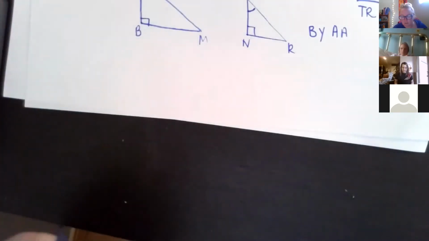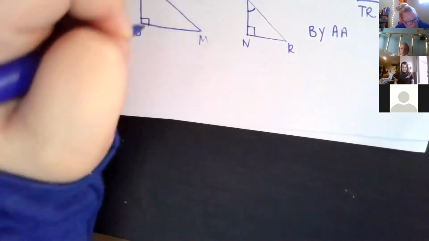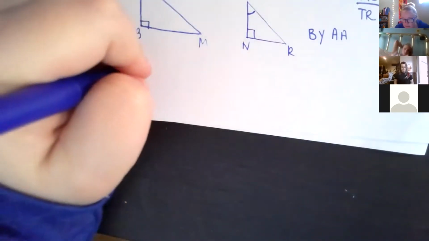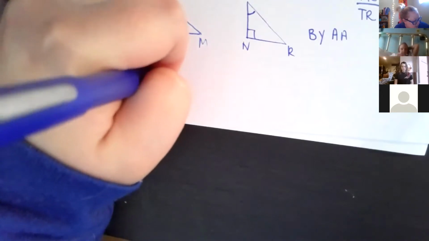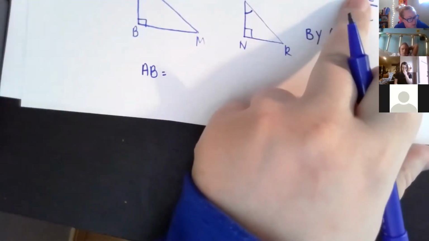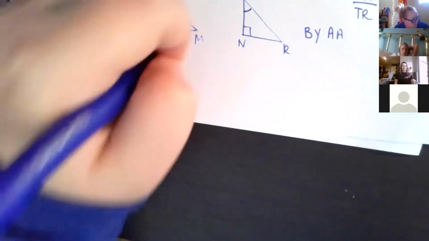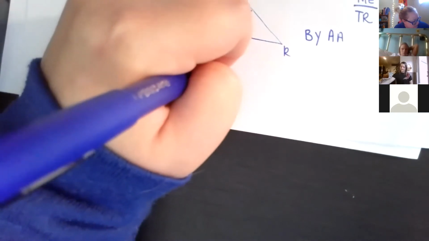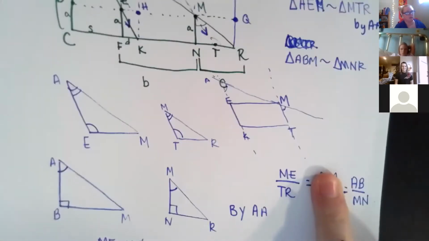All right. So let's just finish this real quick. Then it says that if I use these, I can say that AB is going to equal ME times MN divided by TR. That's just looking at that part, right?